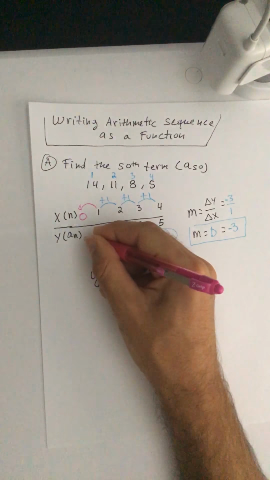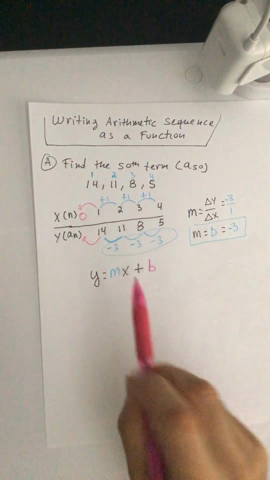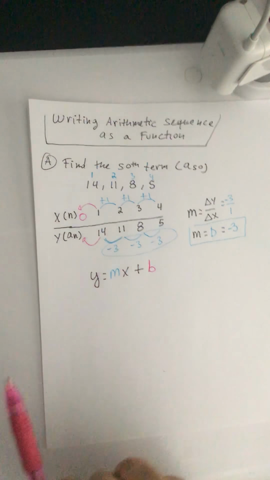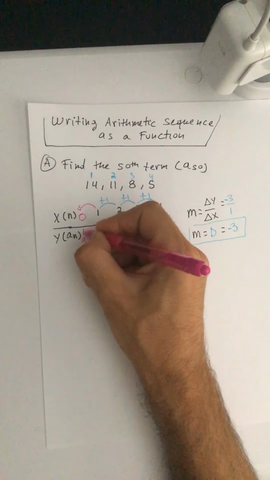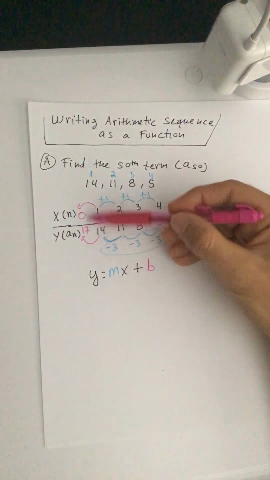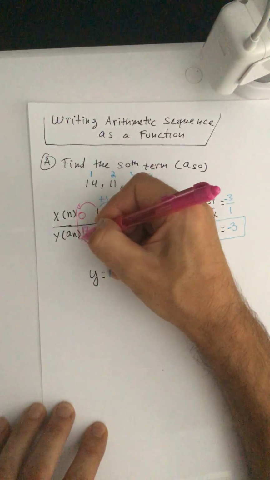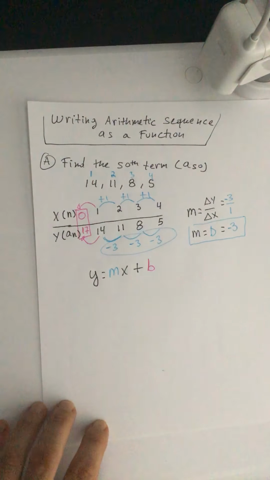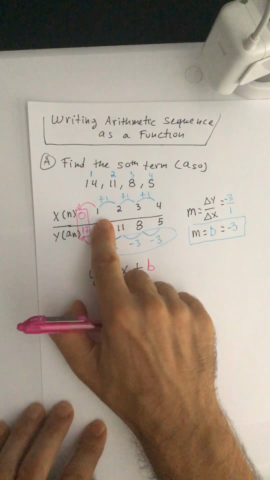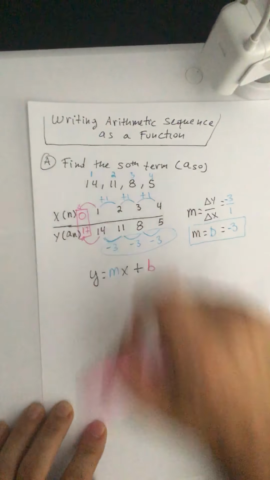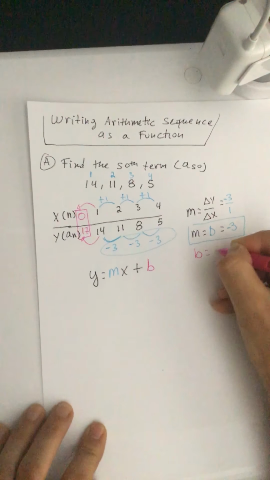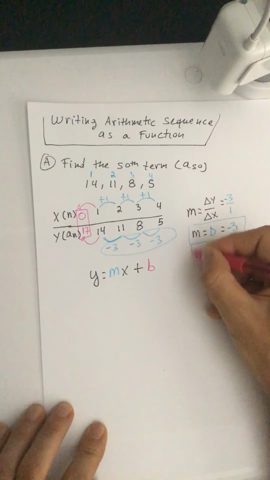For the 0, instead of subtracting 3, we're going to do the opposite, which is adding 3. So that will be a 17 right there. This is my y-intercept, the number at the position before 1, because x is equal to 0. So my y-intercept is going to be 17.